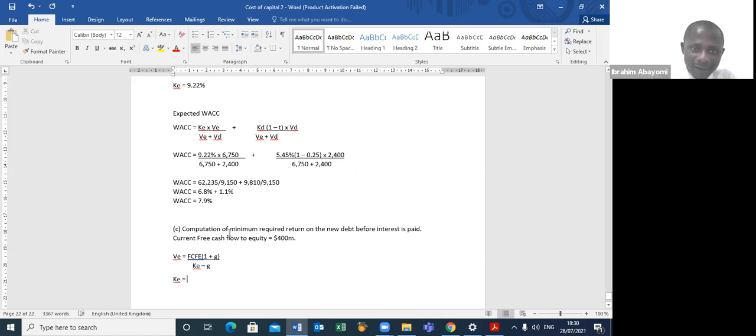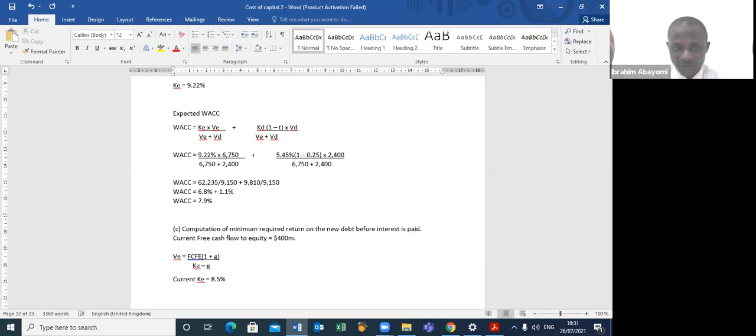This is my current free cash flow to equity, so to discount it I need the current cost of equity, and my current cost of equity is 8.5%.